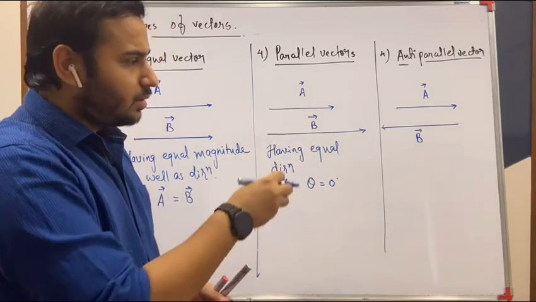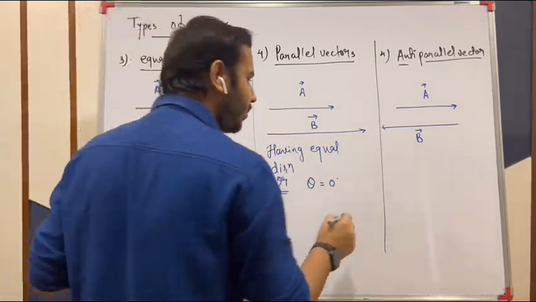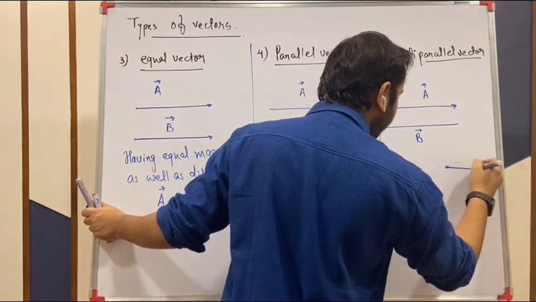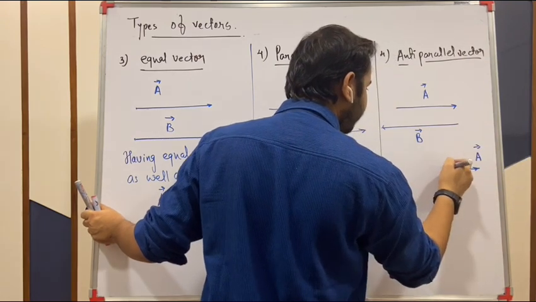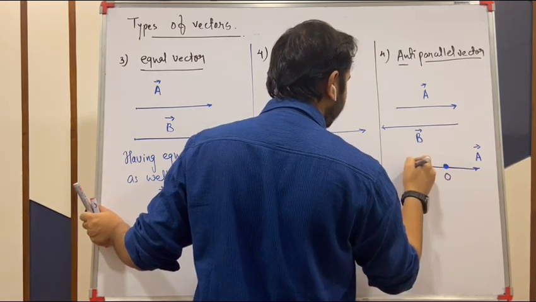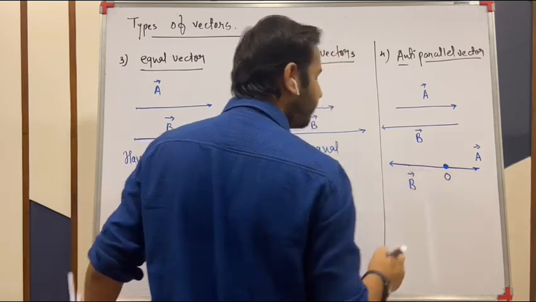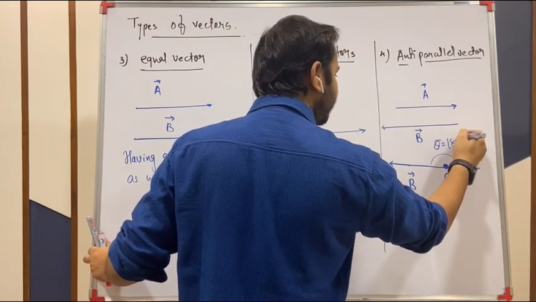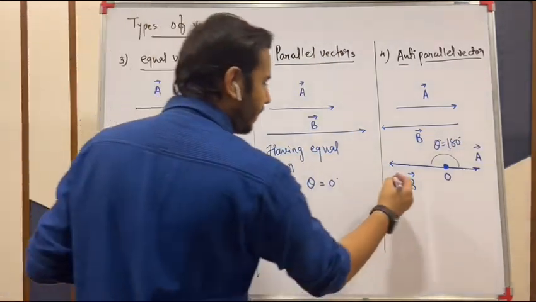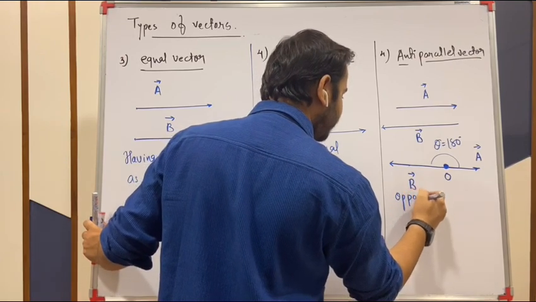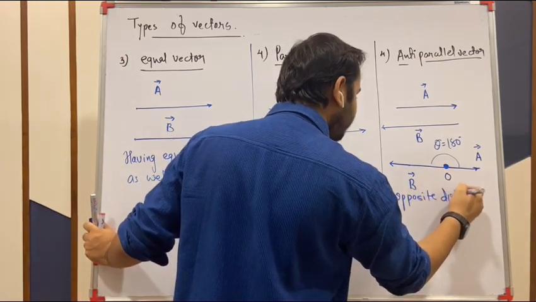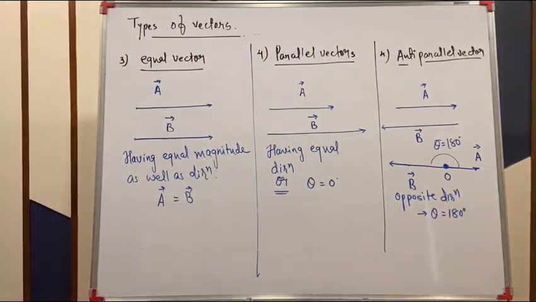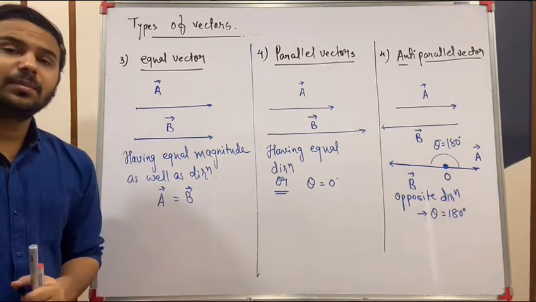If you try to draw these vectors from the same point, this will be vector A and this will be vector B. So the angle between these two, theta, is 180 degrees. So opposite direction, theta is 180 in between. Fine. Which vectors are equal vector, parallel vector, anti-parallel vector?